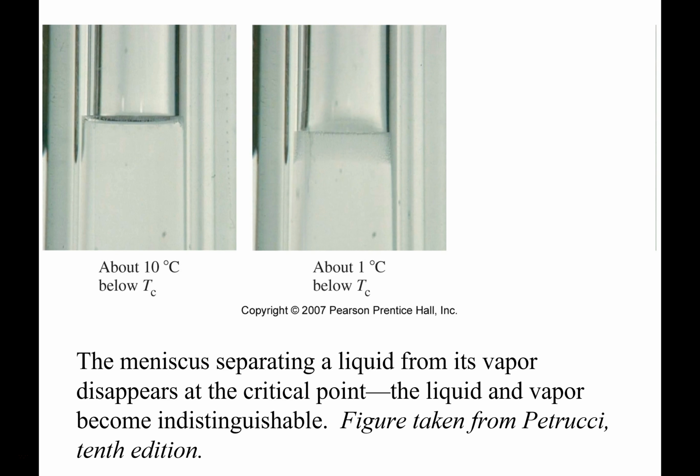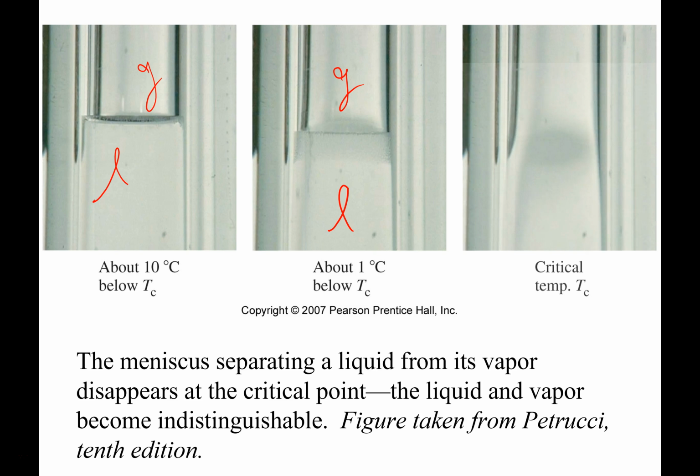Okay, we're approaching the critical temperature here, and you kind of see the fuzz right there, where you can't quite tell the difference between the liquid down here and the gas. And then this last one, this is above or at the critical temperature. So the whole thing would be supercritical fluid at that point. And you can just barely make out the ghosty. What's that? That's crazy. That is cool.